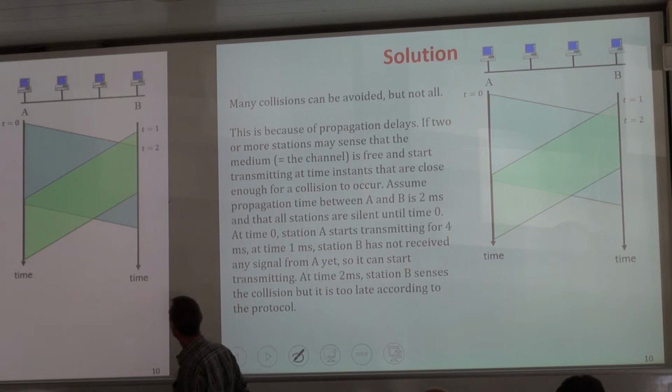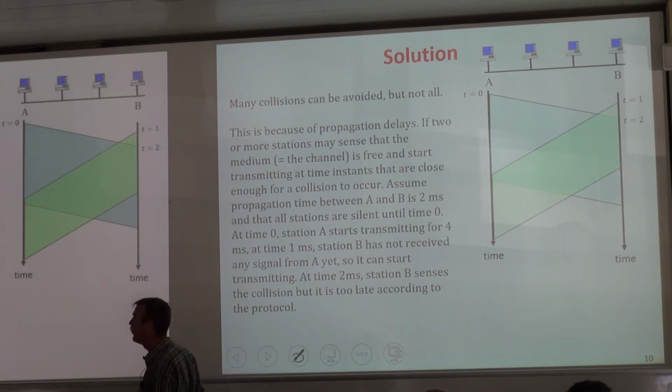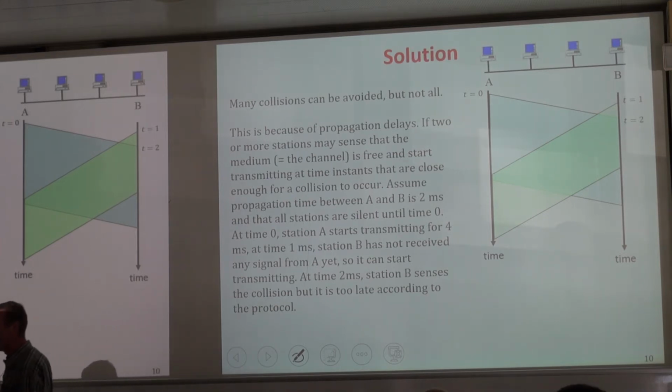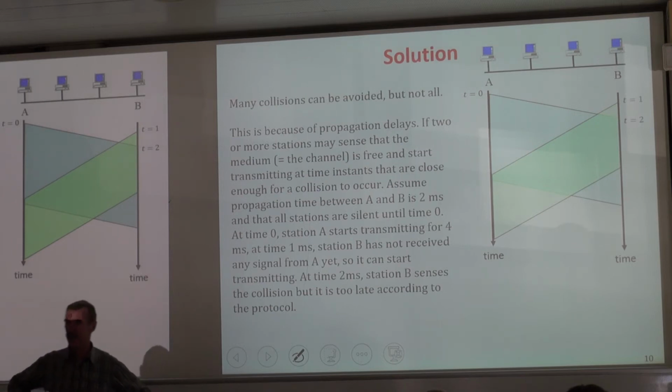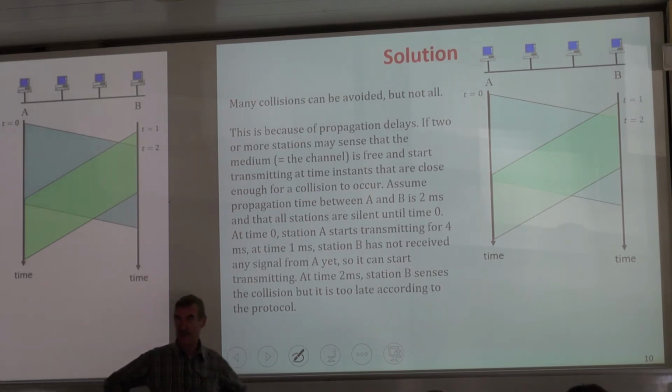So the waves arrive at some time, let's call it t equal to, at B. Now, even if B is listening, if B decides to start talking at any time before then, this can create a collision, because by the time B starts speaking, when B sees the channel, it is too late. At time t equal 1, for example, A has already started to speak, but B sees nothing.